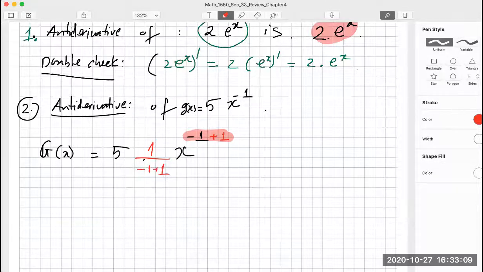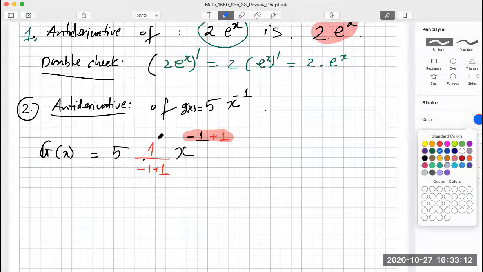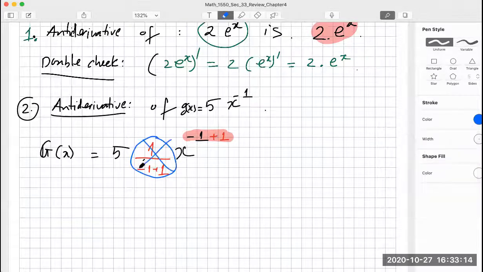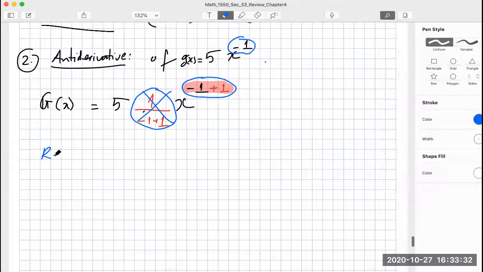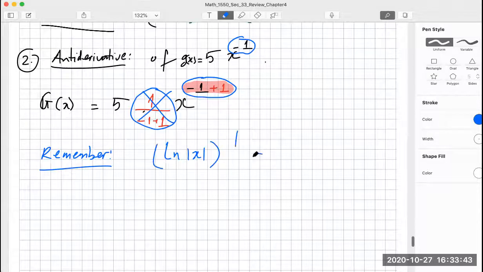However, if we do it this way, this does not make sense. It is not defined. So we should be very careful with the function when the power is -1. And if you download the notes on Moodle, you see this notice there. But remember, the derivative of natural log gives us 1 over x, right?